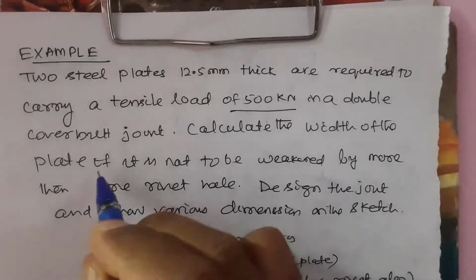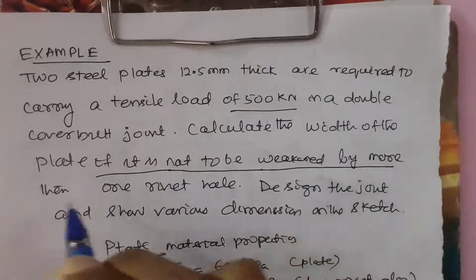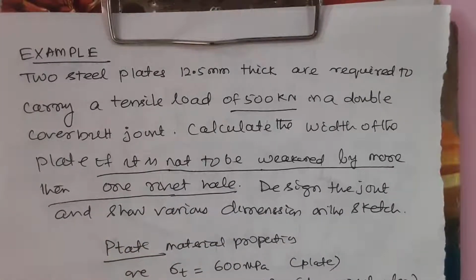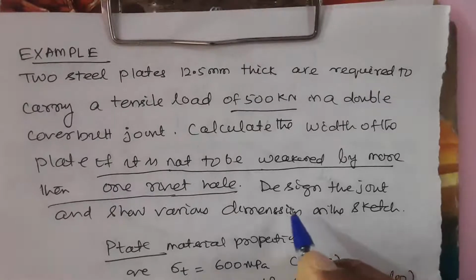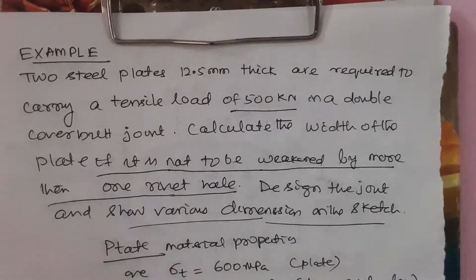The key point is that the plate is not to be weakened by more than 1 rivet hole. That means the weakest portion of the plates is the one which has 1 rivet hole. If you are creating more holes, it has to be supported. So you have to design the joint and show various dimensions on the sketch.